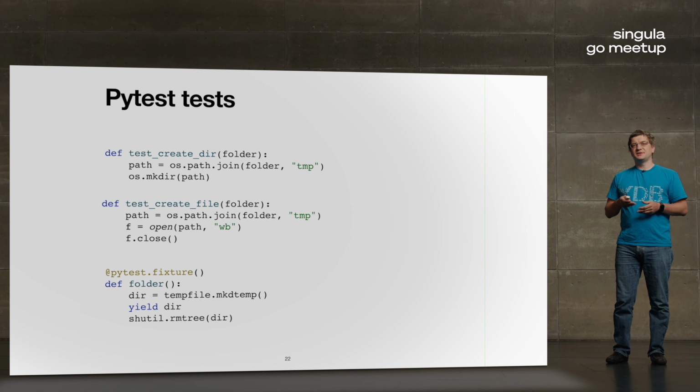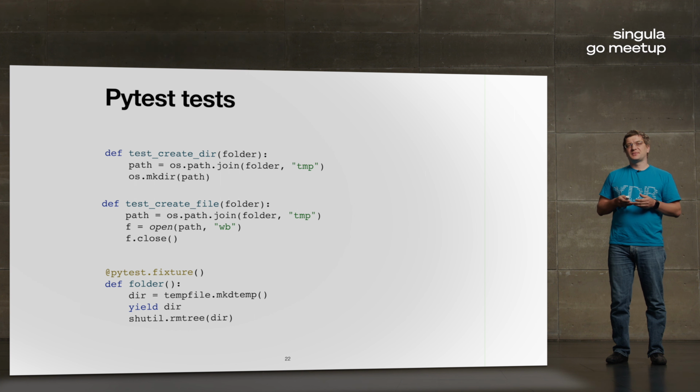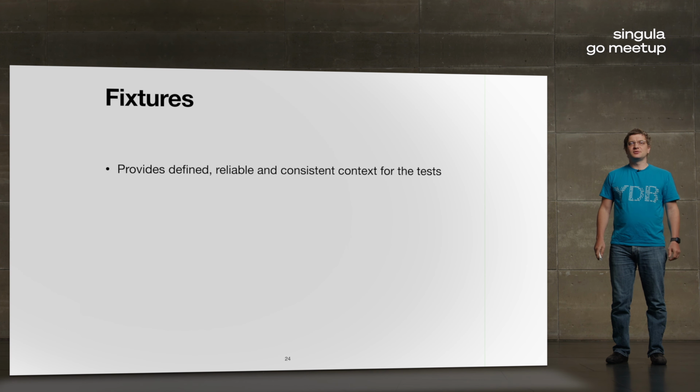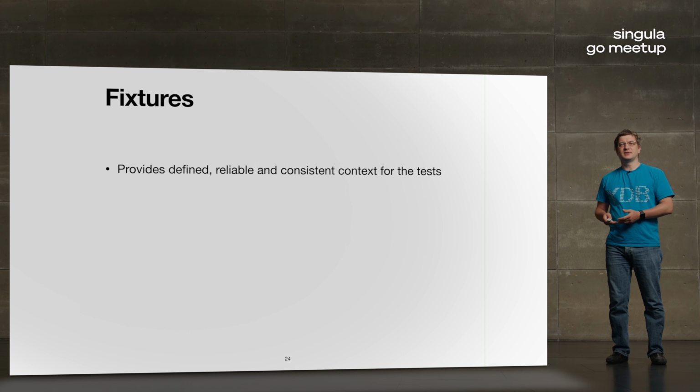Folder is a fixture. The folder fixture will create a directory, allow the test to execute, then remove the directory with all contents. So, fixtures provide a defined, reliable, and consistent context for tests.